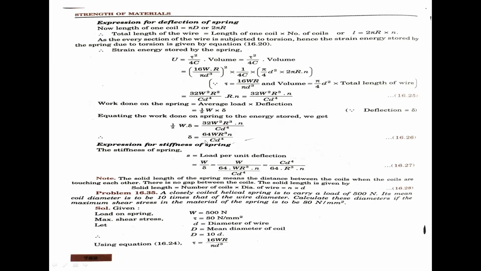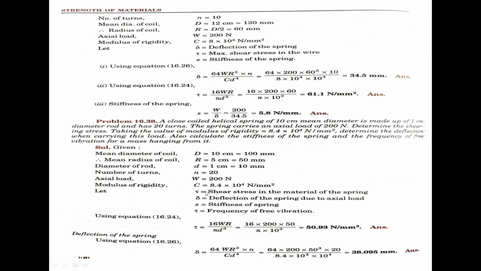Delta equal to 64 W R cube n divided by C d power 4. We have to substitute deflection 25, 64 into W 500, and R equal to capital D by 2, 126 by 2, 63 mm.